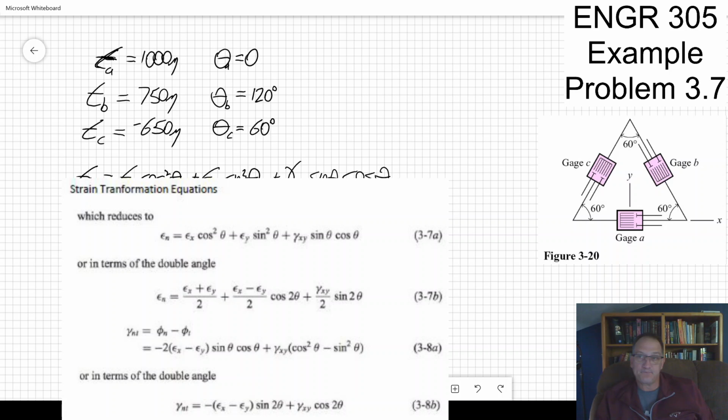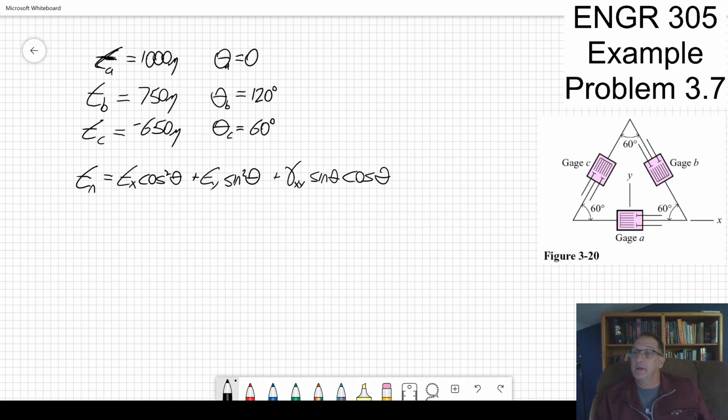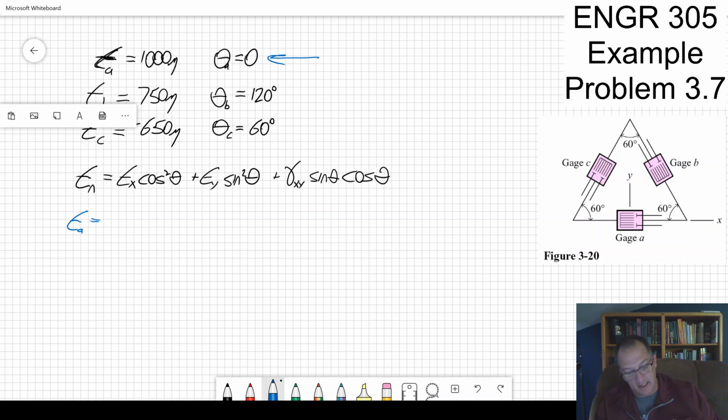When theta is equal to 0, then cosine of 0 is 1. So the strain in the A direction is equal to the strain in the X, which is 1,000 micro, times cosine of 0 squared, which is 1 squared.